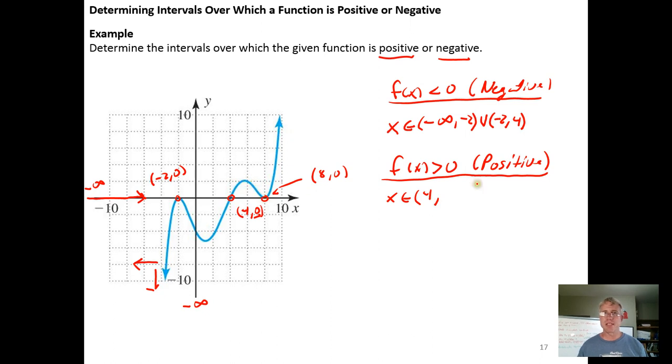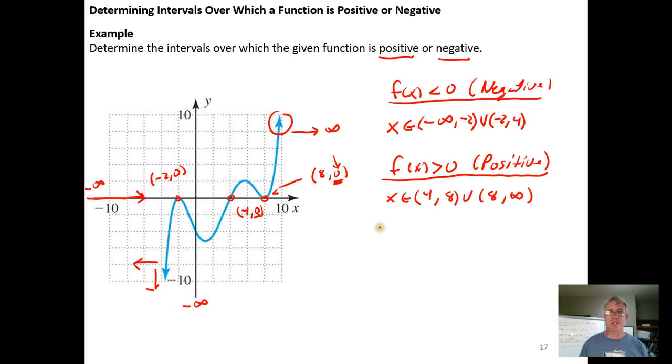I get to 8. And I need to exclude 8 because at 8 the function is not greater than 0. It's actually equal to 0. Union. And then the function immediately rises above the x-axis again. So from 8 to, and there's an arrow here indicating that the x values are going to infinity. So on the interval from 8 to infinity, my function will be positive.